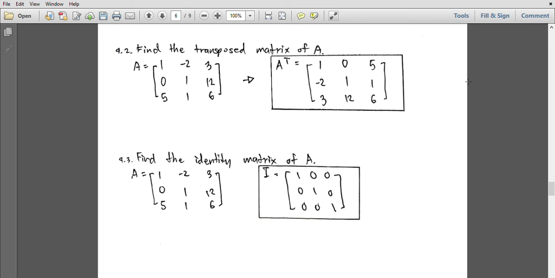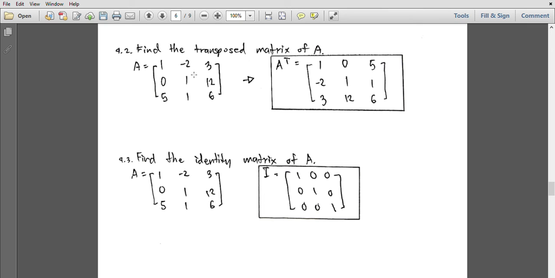Number 4.2, find the transpose matrix of A. So, to get the transpose matrix, we're going to exchange the rows and columns. So the 1 0 5 column is going to be the 1 0 5 row.